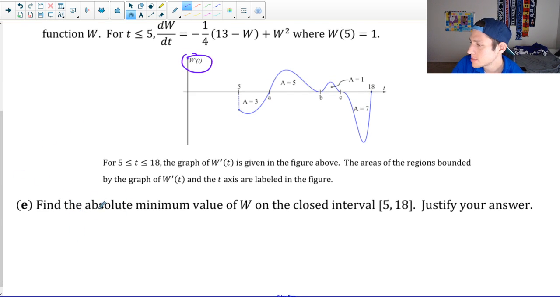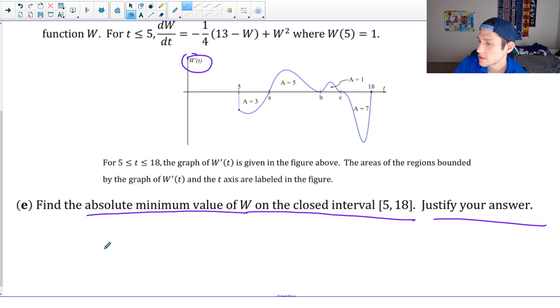So find the absolute minimum on the closed interval 5 to 18. Justify your answer. All right. Since it is not asking about a relative minimum or a relative maximum, but an absolute minimum, I'm automatically thinking extreme value theorem.